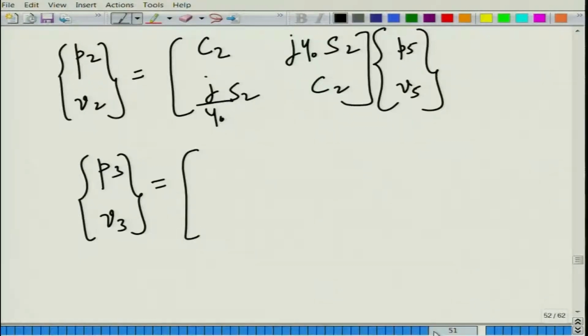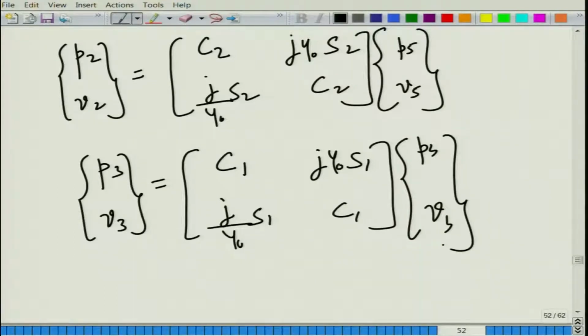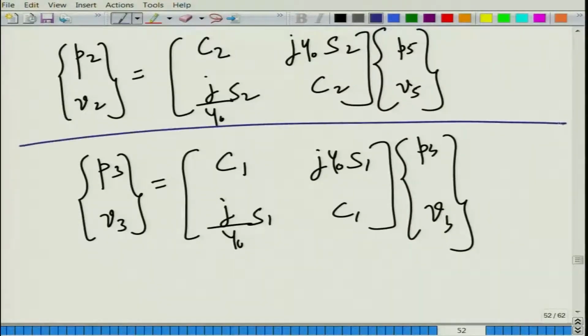So, here you have your C, let me call it C1, jY0 S1, C1, P4, like this. So, we have this kind of a thing.